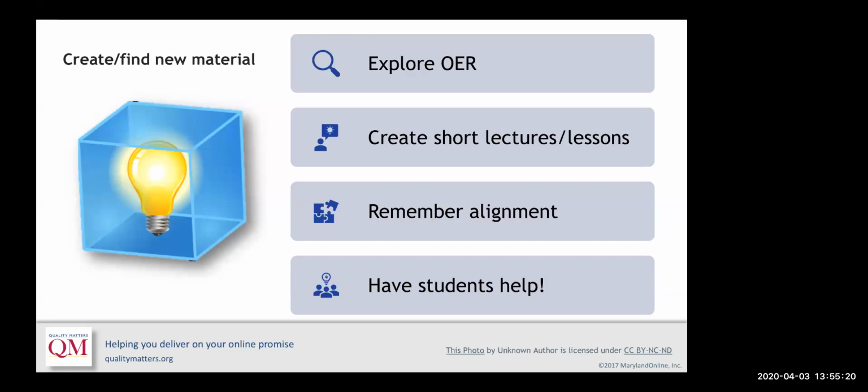Every piece of required content you share in your remote classroom should be directly tied to a relevant assessment, just like face-to-face. And then finally, one thing to consider is maybe having students help by doing a web scavenger hunt or having them find and post relevant articles or relevant blog posts on a given topic.